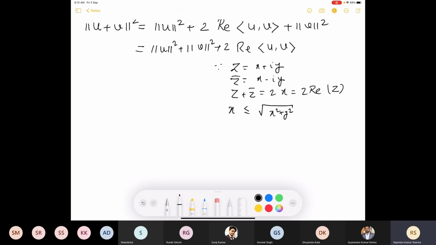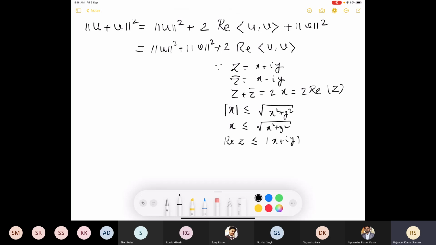And if you take x as a positive number, modulus of x is always less than or equal to the square root of x square plus y square. So x as well as minus x both will be less than that. So the real part of z is less than or equal to the modulus of x plus iota y.